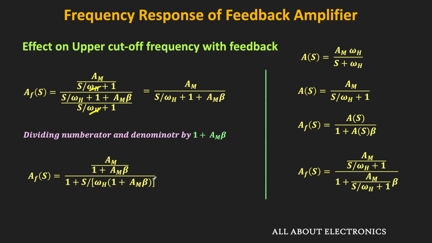Or we can say that it is equal to AM dash divided by (1 plus s divided by omega h dash), where AM dash is the new midband gain with the feedback. And as you can see over here, that is equal to AM divided by (1 plus A beta). And similarly, if we see omega h dash, then that is equal to omega h times (1 plus A beta). So as you can see, this new cutoff frequency increases by the factor of 1 plus A beta.